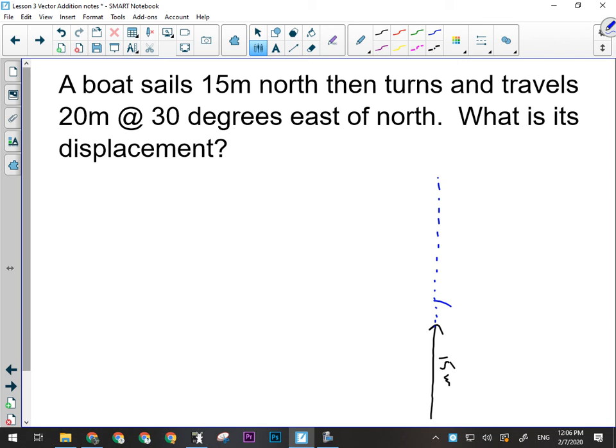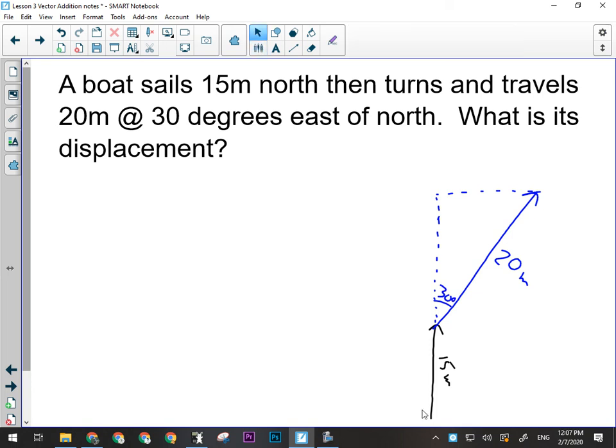Right, so I'm just going to do that. That's about 30 degrees, and I'm going to draw a line that's longer than my 15, probably too much longer. That's not really a good scale. Let's try that again. Okay, so this one's 20 meters long. This angle's 30 degrees. Okay, where's my line that represents my total displacement?